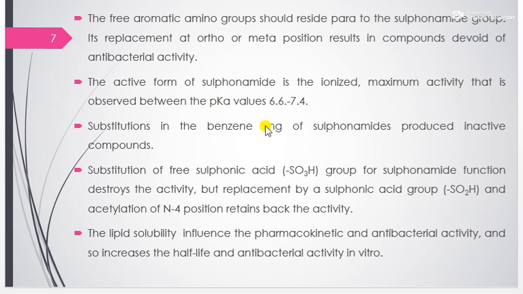Substitution in the benzene ring of sulfonamides produces an inactive compound. Substitution of a free sulfonic acid group for the sulfonamide function destroys the activity, but replacement by a sulfonic acid group and the acetylation of the N4 position retain the activity. And lastly, lipid solubility influences the pharmacokinetics and the antibacterial activity, and so increases the half-life and antibacterial activity in vitro.